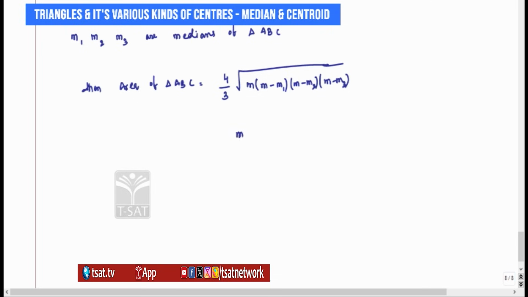Here m is equal to (m1 plus m2 plus m3)/3.